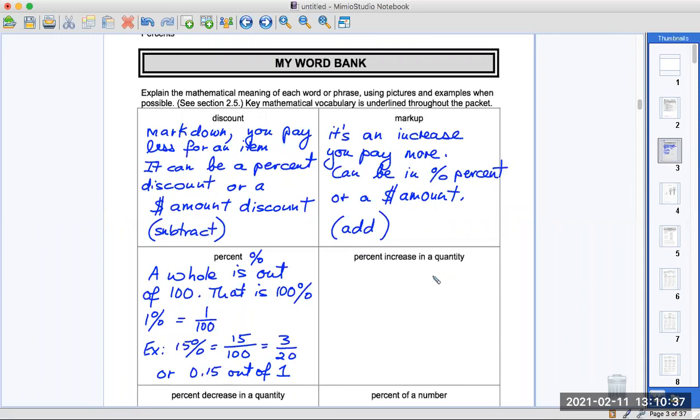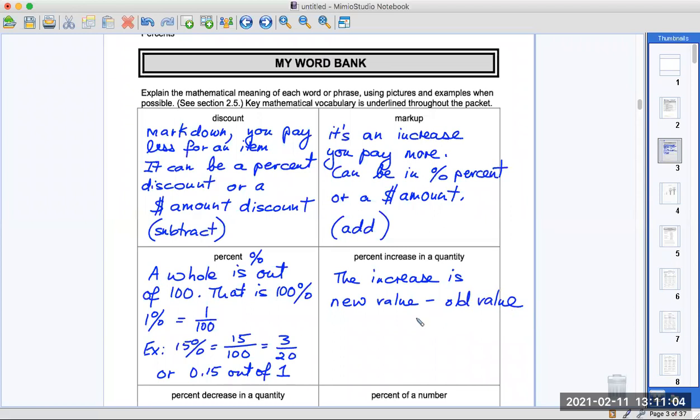Percent increase in a quantity. The increase is the new value or new amount minus the old value, or the old amount, what it cost.